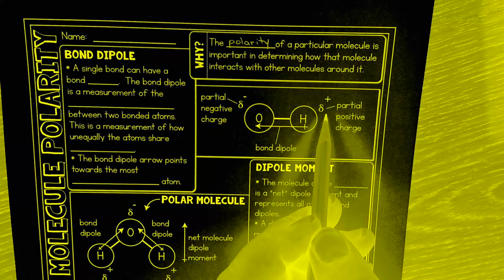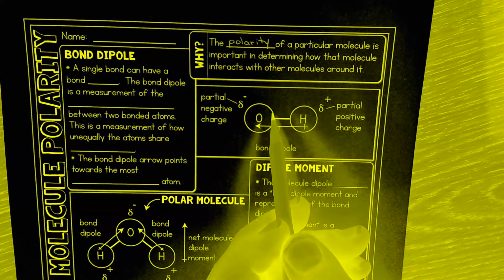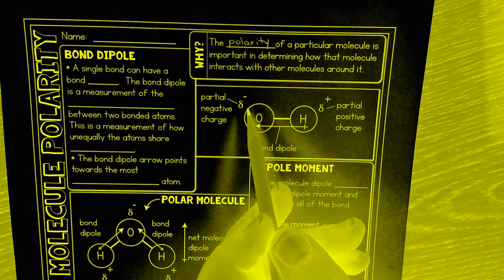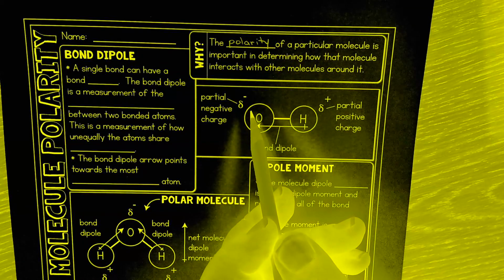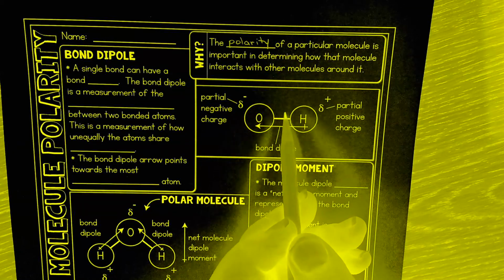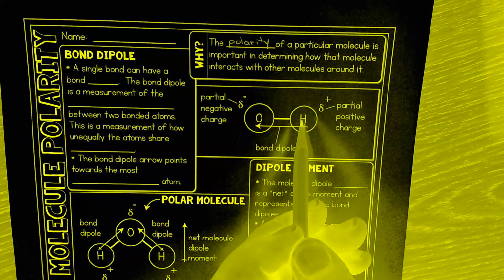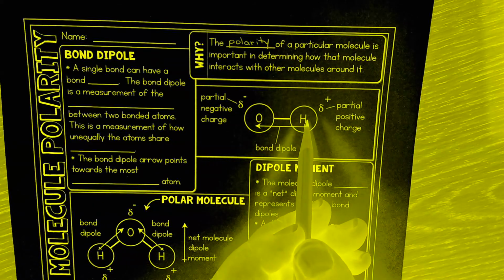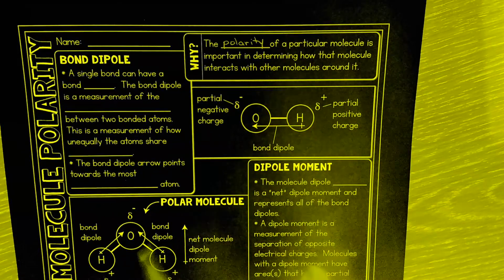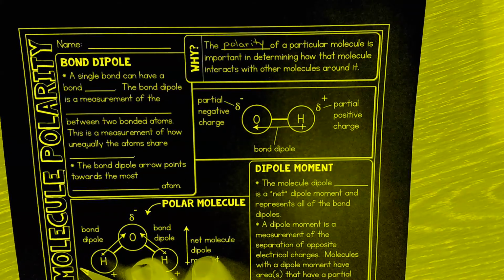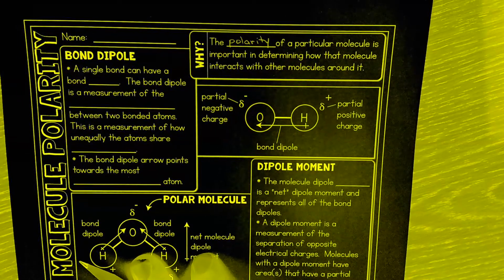There's a partial positive charge here at the hydrogen, a partial negative charge at the oxygen. And because of that, this will interact with the molecules around it in a different way than it would if there weren't those charges. So let's define a couple of things that have to do with polarity.